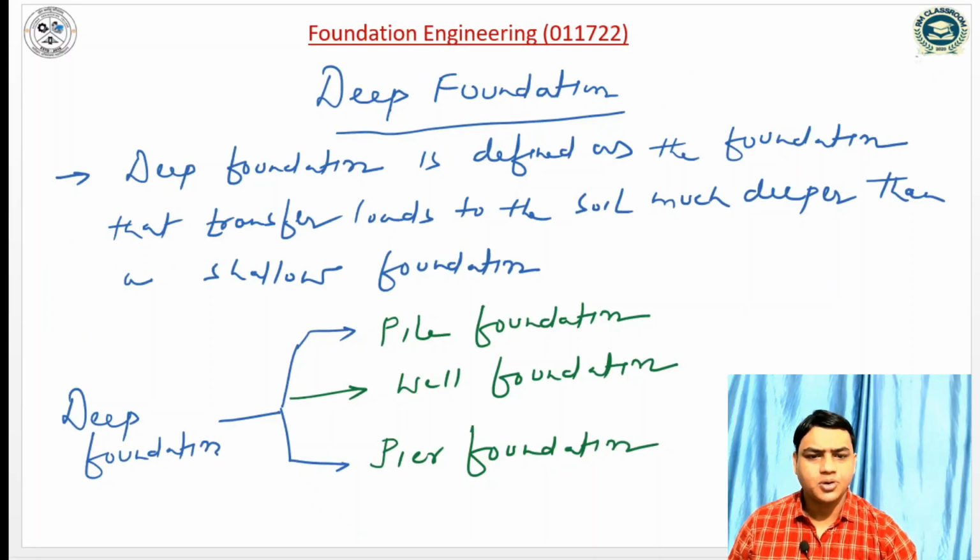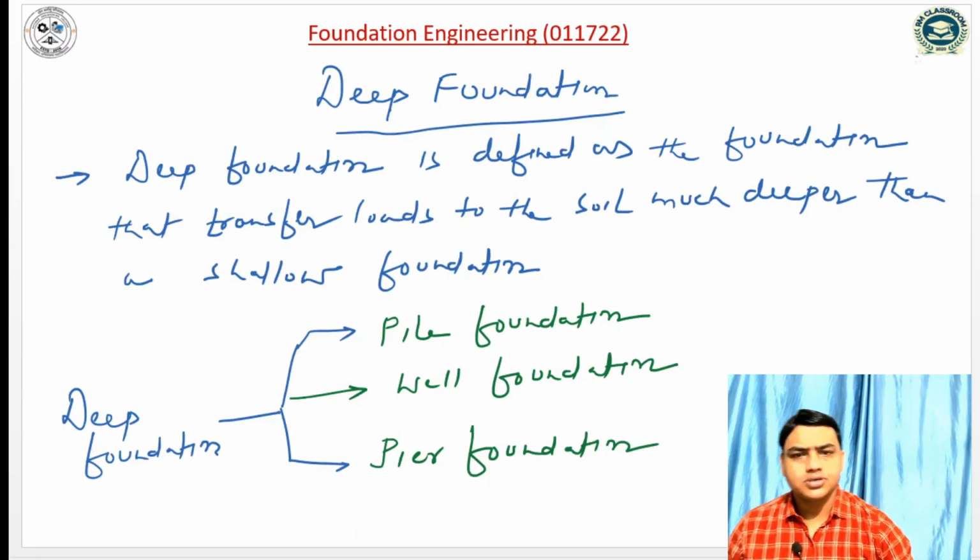So let us start with the deep foundation. The deep foundation is defined as the foundation that transfers loads to the soil much deeper than the shallow foundation. There are three types of deep foundation. The first one is pile foundation, and then well foundation and pier foundation.